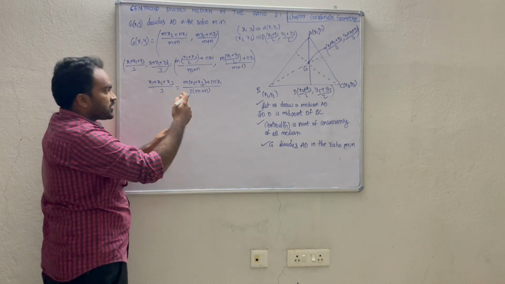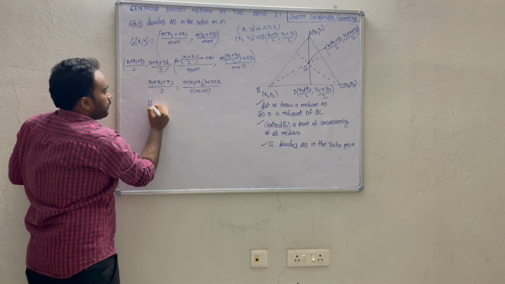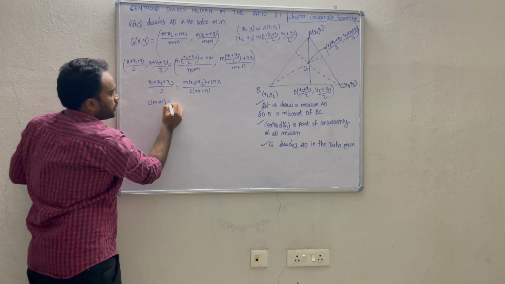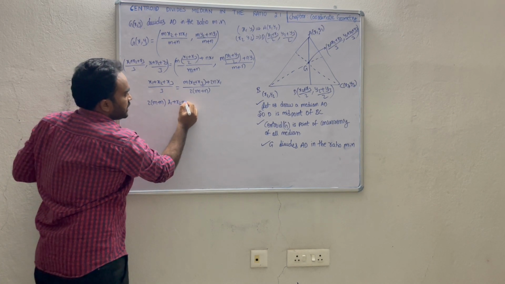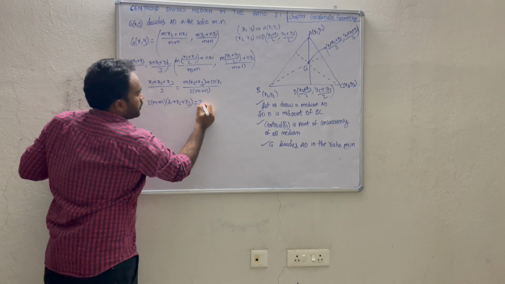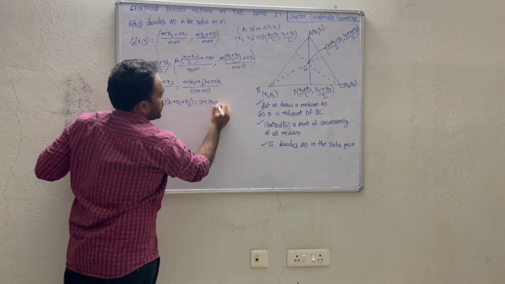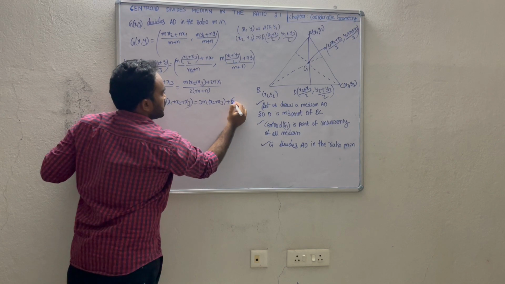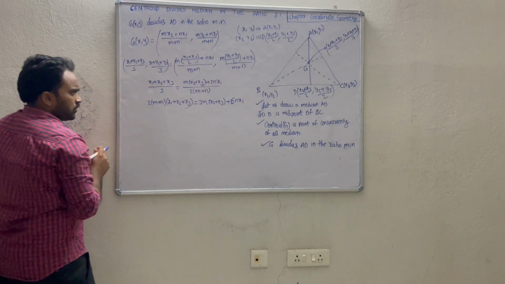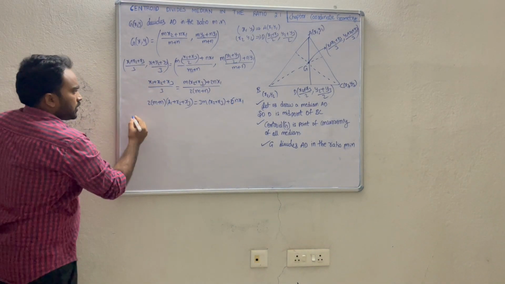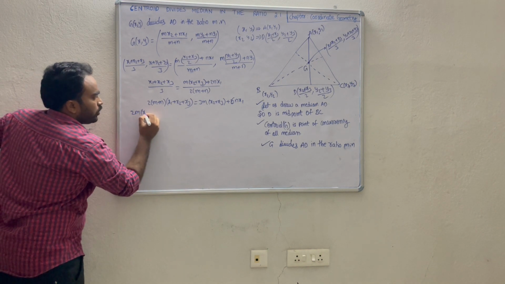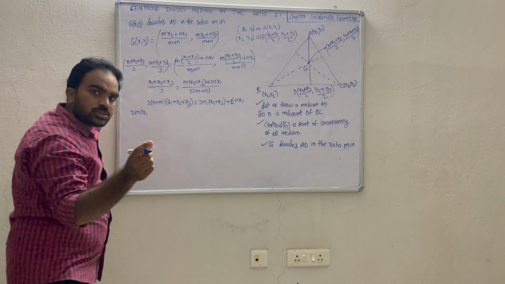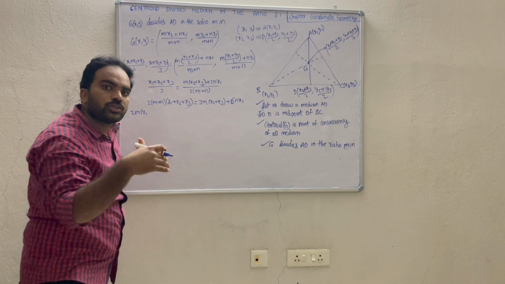Now, cross multiplication. So 2(m plus n) into (x1 plus x2 plus x3) is equal to 3 times m(x2 plus x3) plus 3 times 2, that is 6, n x1. Now it is the simplification part. I am taking m terms on the left side and n terms on the right side.